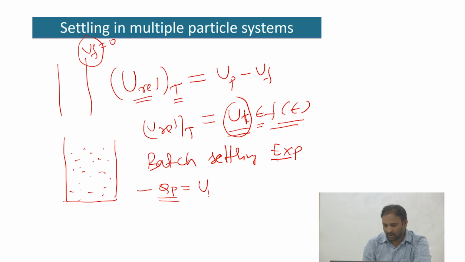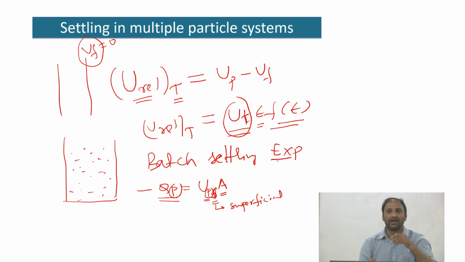P stands for the particles. I'm going to use a subscript S, and this S stands for superficial, times A, where A is the cross-sectional area that is available for the particle to settle.